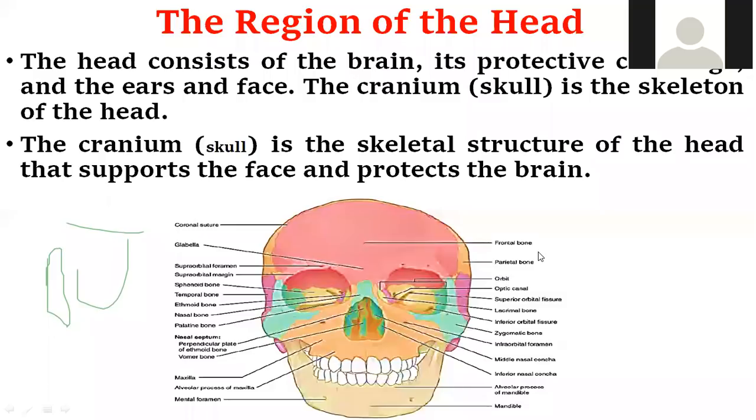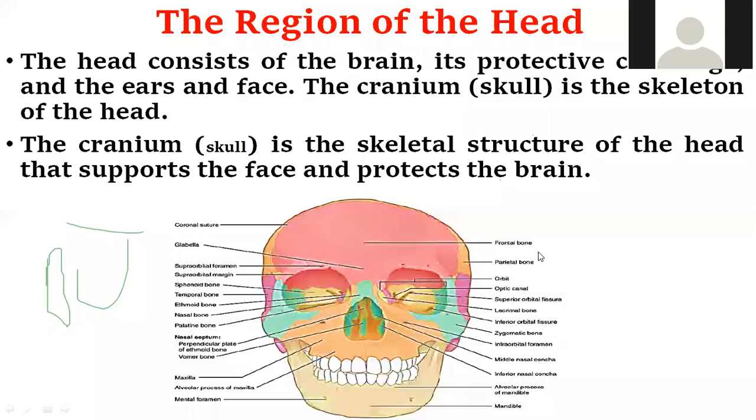Because under normal conditions, the uterus is a pelvic organ. So it shouldn't be palpated abdominally unless the woman is pregnant or has a tumor that makes the uterus grow out of the pelvic cavity into the abdominal cavity. I hope you are following me.